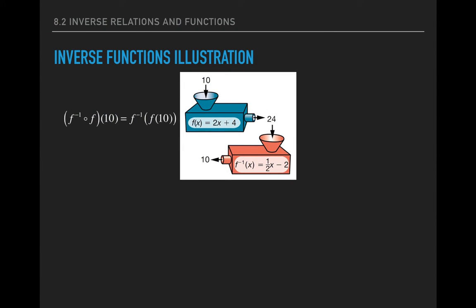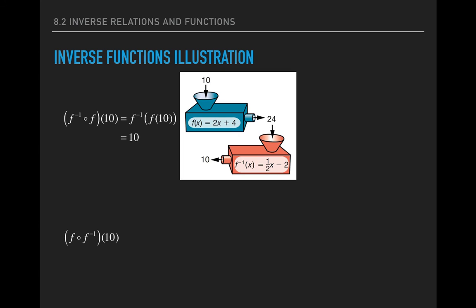You'd be plugging 10 into your f function, and if it was 2x plus 4, that would give you 24. 24 would be the input for the f inverse function, and when you plug that in, half of 24 is 12, minus 2 is 10. Notice you got the same output that you put in originally. You plugged in 10 to begin with, and you got out 10. That is because these two functions are inverses of each other.